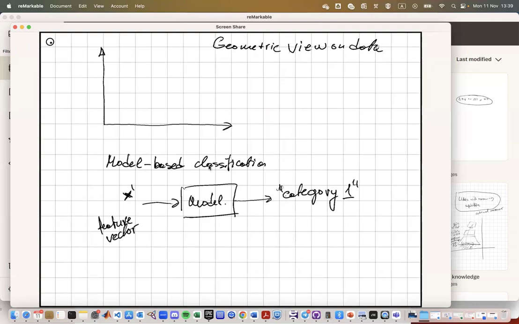And again, I make most of the introductory reasoning based on a very simple case where we have only two features, and we have only two categories, or in other words, binary classification.